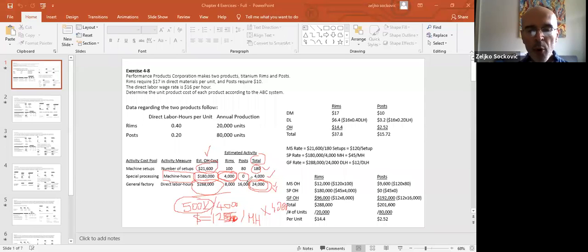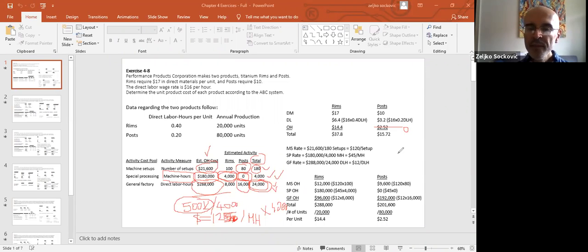But look, posts are using a lot of other activities. They're using machine setups, and they're using double the amount of labor than rims in general factory. So posts are not free, right? Because if you applied it by machine hours, it would appear that posts are free. What would you have in this overhead? You would have nothing. You would have zero.